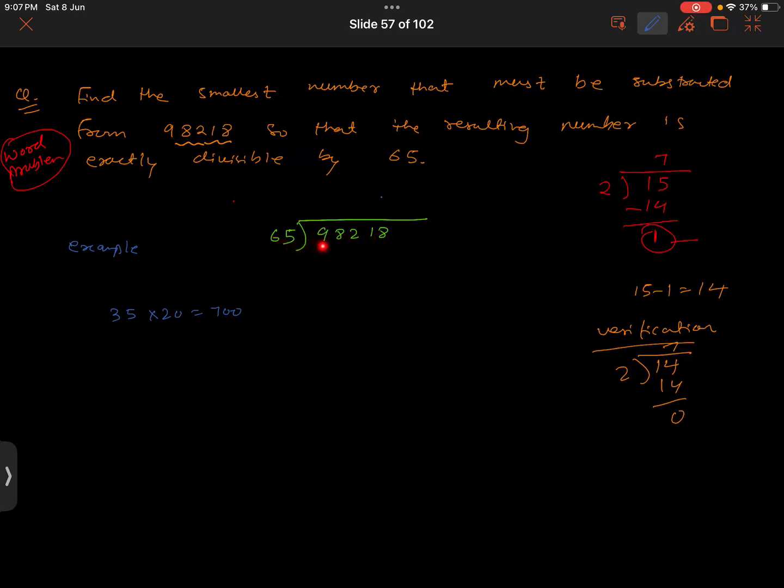First of all, you will pay attention to the first digit, like the first number 9. No, it's not possible. 98. Yes, 98. If it is not smaller than your divisor, then after that I minus that number. I minus 48 for 98,000, 218. I minus it by 48.